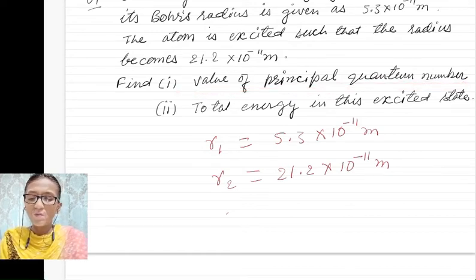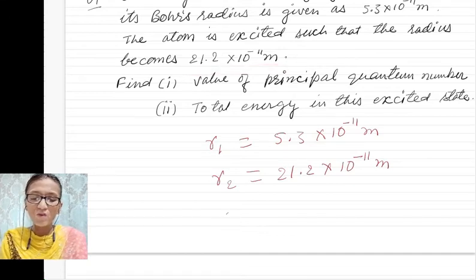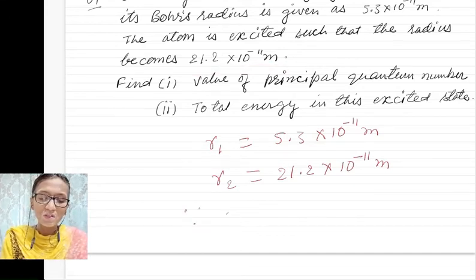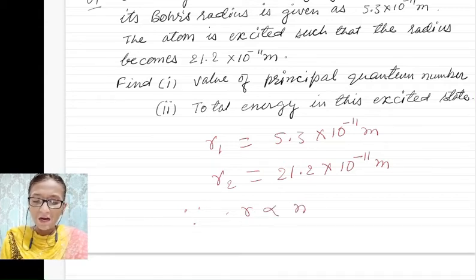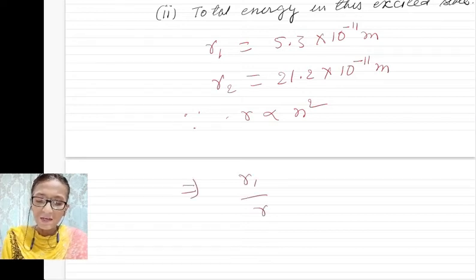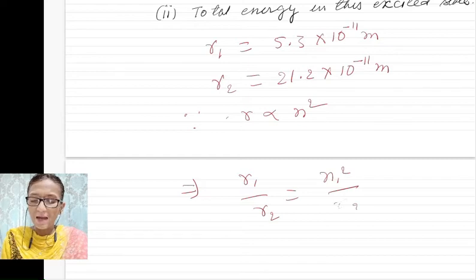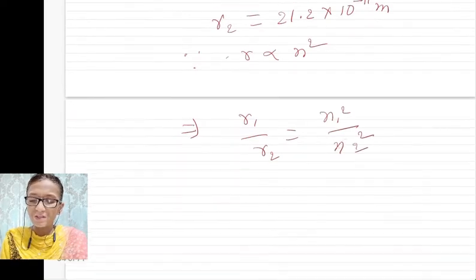Find the value of principal quantum number n. Find the value for this radius. We had seen that R is proportional to n square, and this means R1 by R2 is equal to n1 square by n2 square.